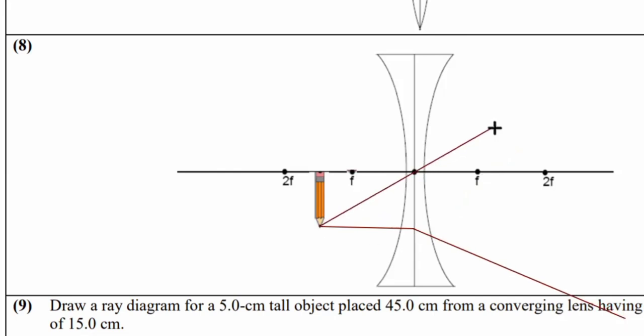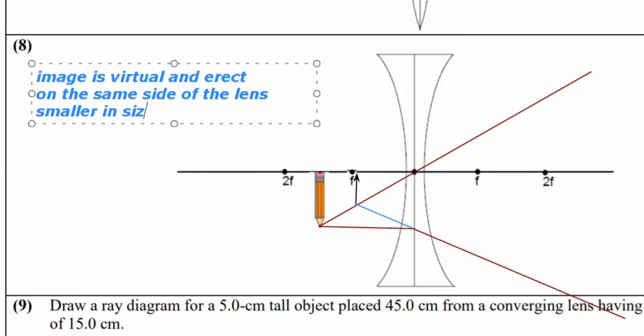And then, as you can see, the light rays aren't intersecting on the other side of the lens, which means that they're going to be intersecting on the same side of the lens in such a manner, and your image is going to be formed slightly before the focal point. This image is going to be virtual, it's going to be erect, it's going to be on the same side of the lens, and it is going to be much smaller in size as compared to the object.